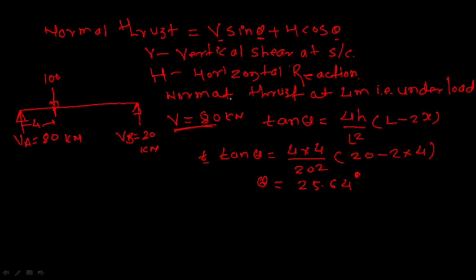Now we have all the values: V is 80, theta is 25.64, H is equal to 50. So we can say that N is equal to 80 sin 25.64 plus 50 into cos of 25.64.